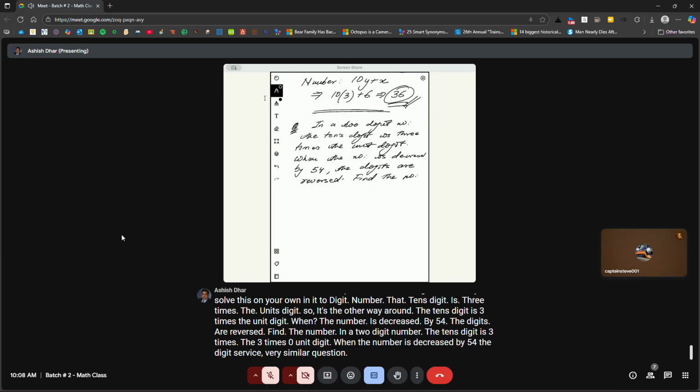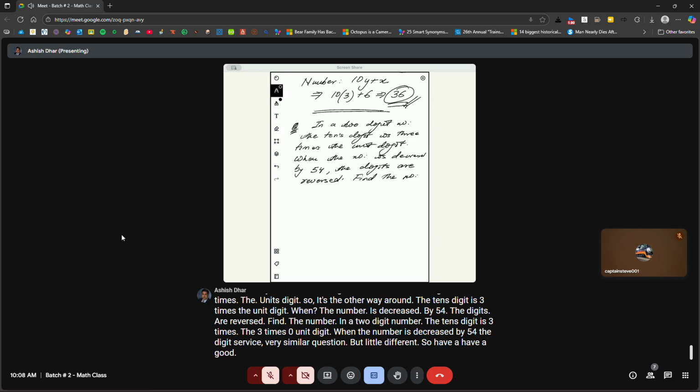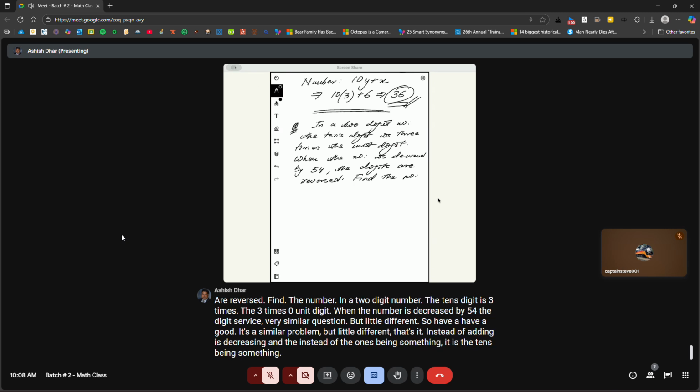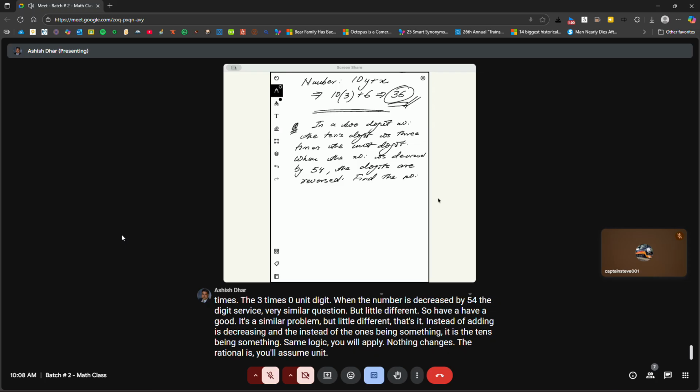Very similar question, but a little different. So have a go at it. Instead of adding, it is decreasing, and instead of the ones being something, it is the tens being something. Same logic you will apply. Nothing changes. You will assume units place as x and tens place as y.